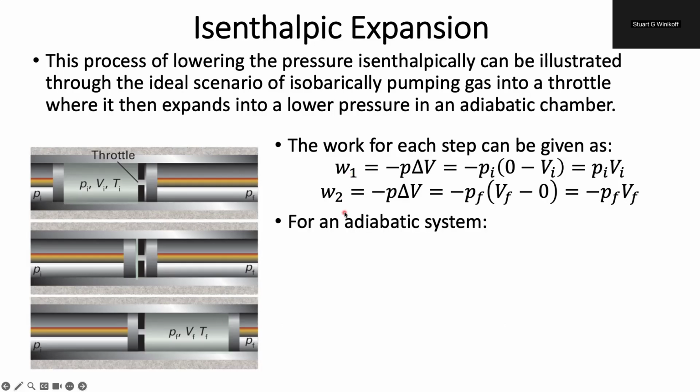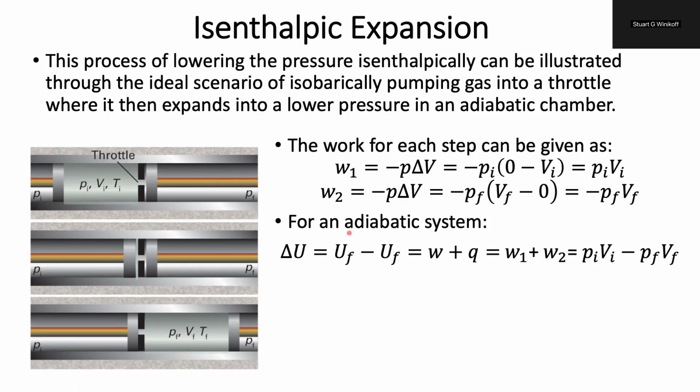Now what we can do is make use of the fact this is an adiabatic system, which means there is no heat coming or going. That means the change in internal energy is simply going to be the final internal energy minus the initial internal energy, according to the definition of change in internal energy. And again, this will just be the sum of the work and the heat.